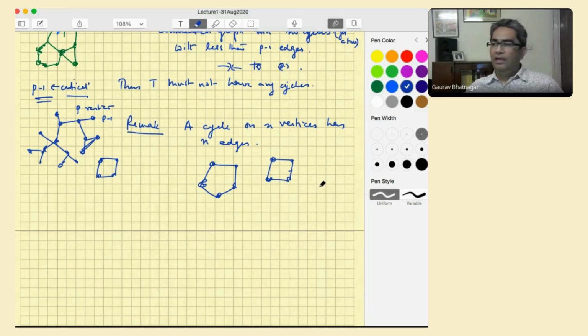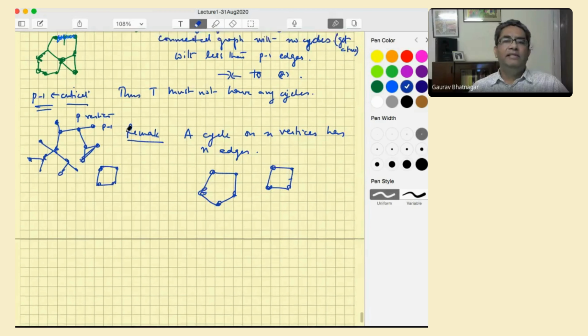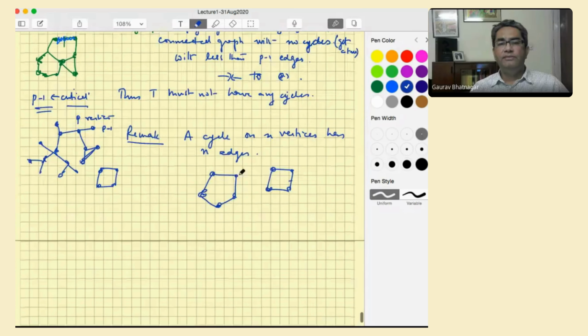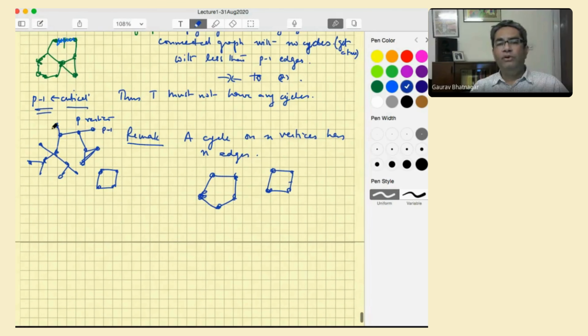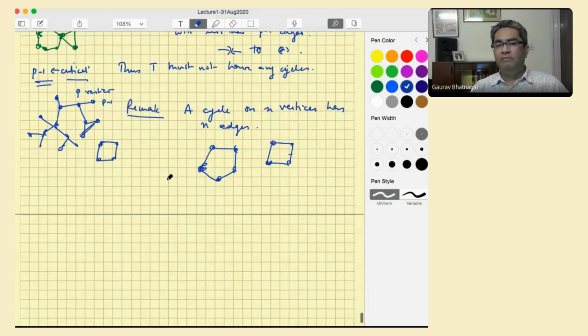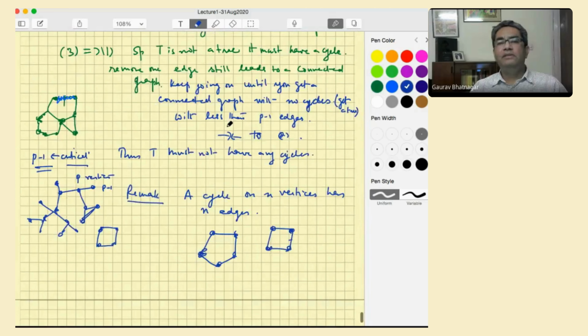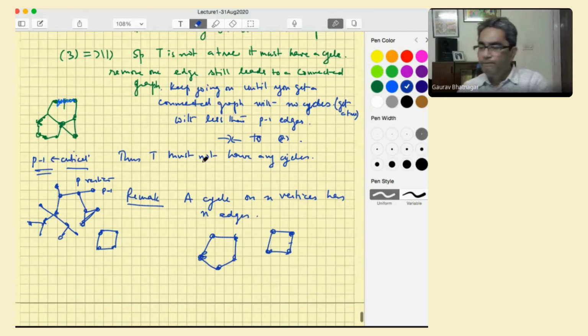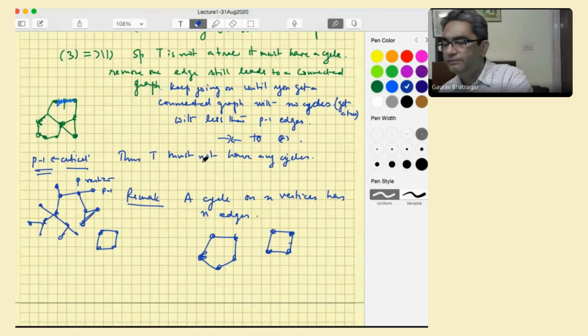So a minimal graph with no cycles, this is the best you can do. You have P minus 1 edges. And as soon as you have a cycle, there is a problem. And then, of course, there could be more edges. The maximum number of edges in a simple graph could be P choose 2. So you can have a huge number of edges. But this is kind of the minimal example. Okay, any questions?